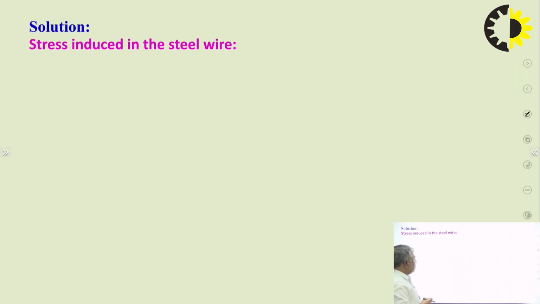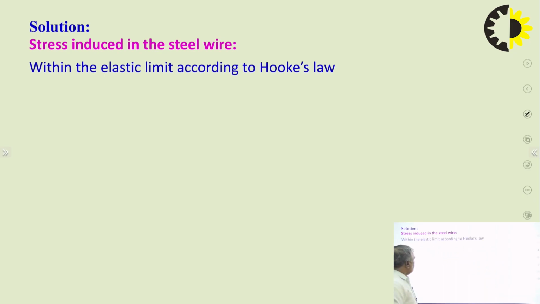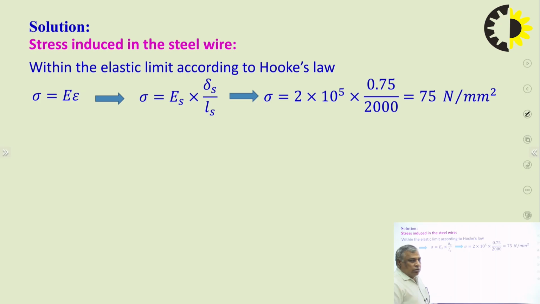So the stress induced in the steel wire is our first objective, and for that we need to find this load W. According to Hooke's law, sigma is equal to E into epsilon, and sigma is equal to ES into delta S upon Ls. Putting the values, 2 into 10 to the power 5 into 0.75 upon 2000 equals 75 Newton per mm square. These are the known values.